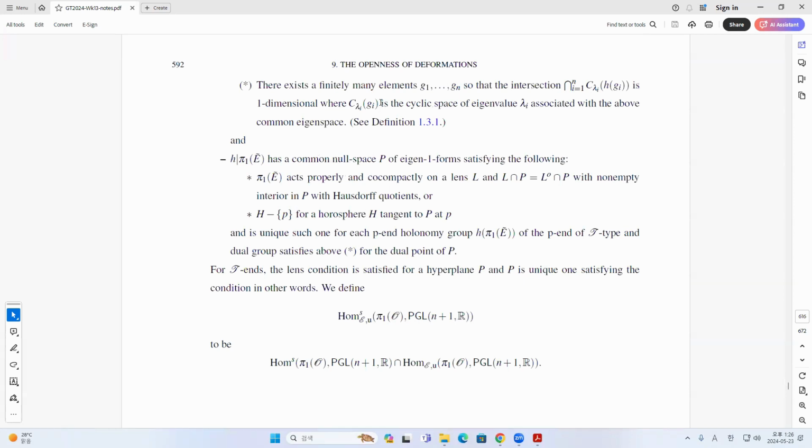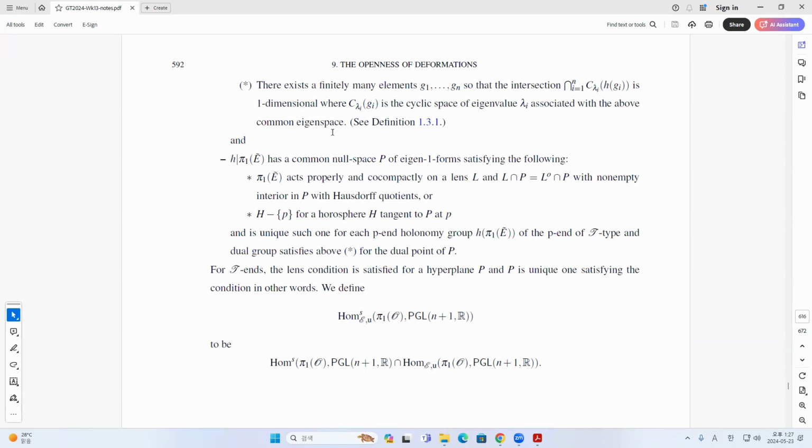I further require that there are finitely many elements in the fundamental group so that the intersection of the cyclic spaces of lambda_i associated with the above common eigenspace is still one dimensional.